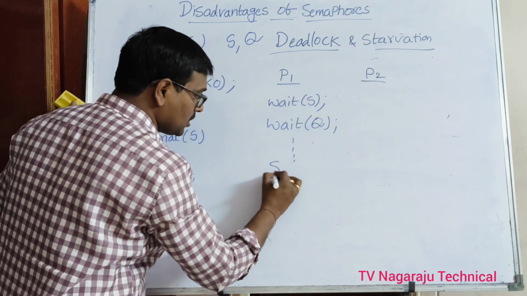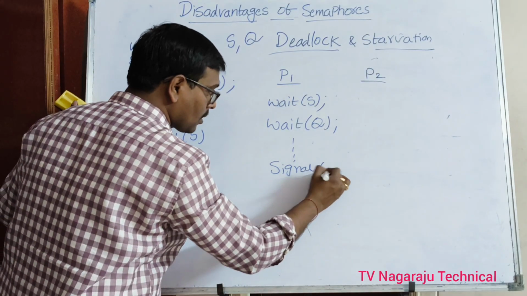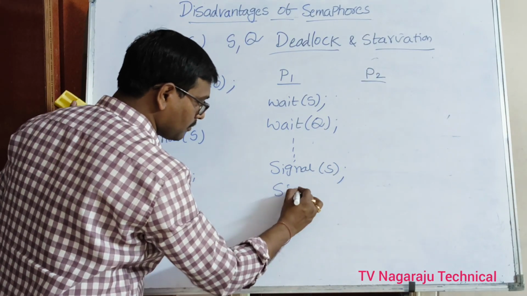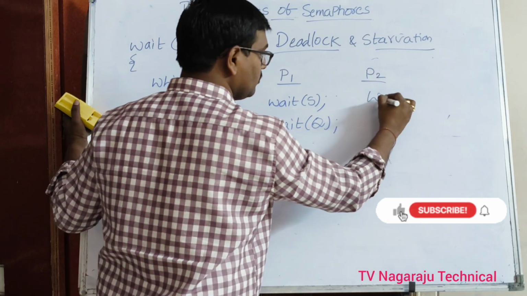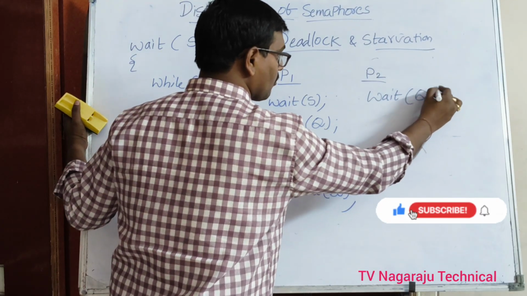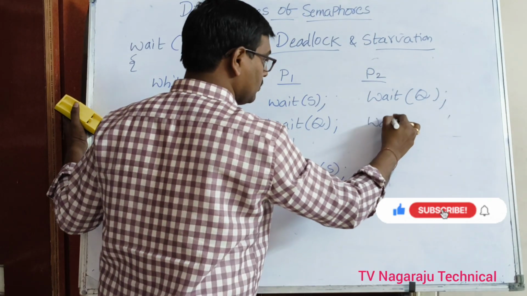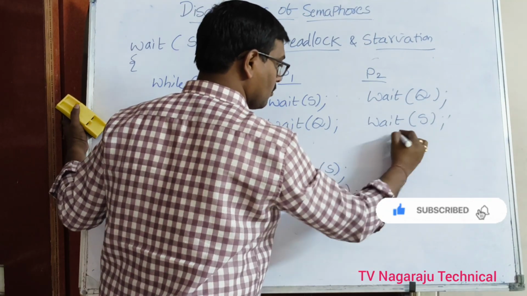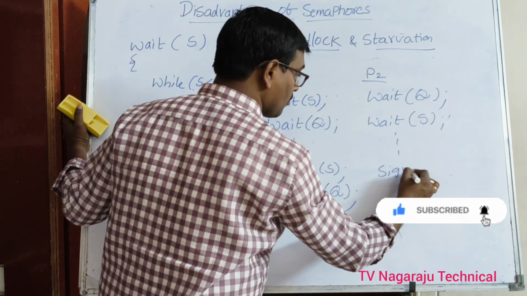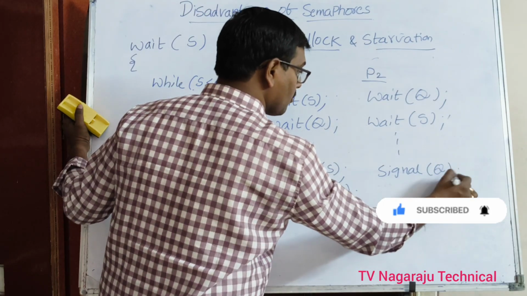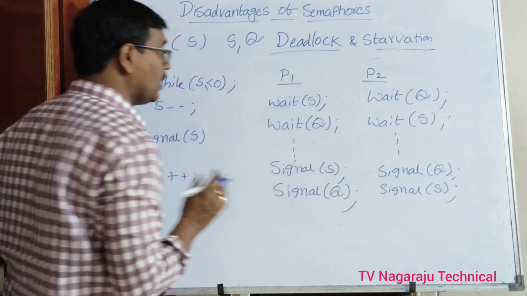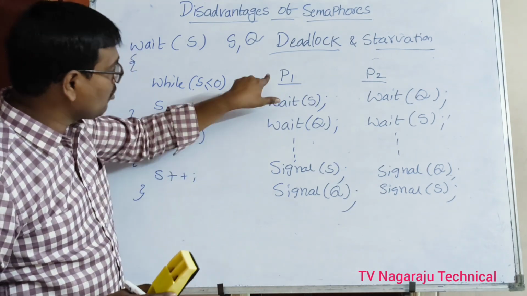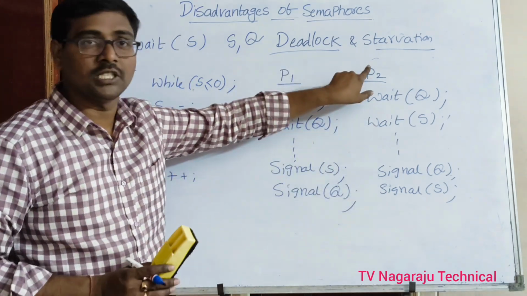Here are some operations. Now, these are the requirements of process P1. This is the process P2.